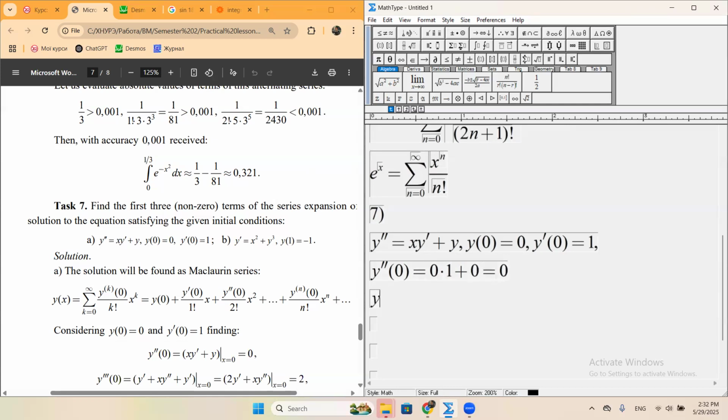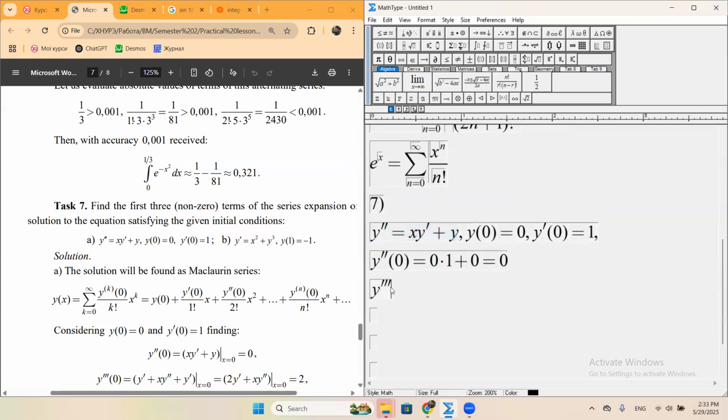What about the third derivative? We will differentiate both parts of the differential equation to find the third derivative. So we will have y prime plus x y double prime twice plus y prime.